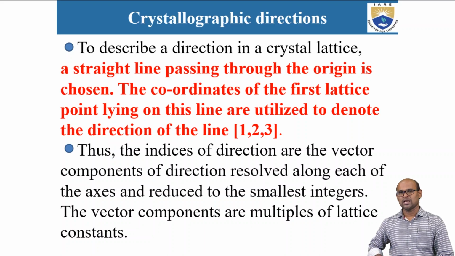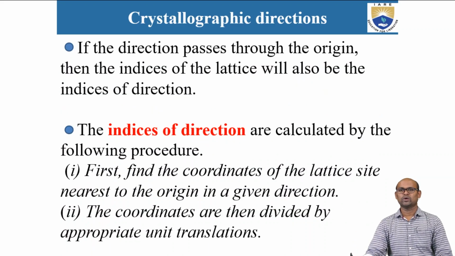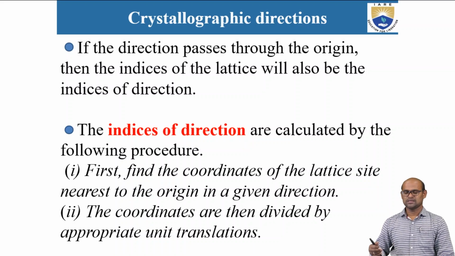That direction is resolved along the axes and reduced to the smallest integers. We will learn how to write down these directions. If the direction passes through the origin, then the indices of the lattice will also be the indices of the direction.